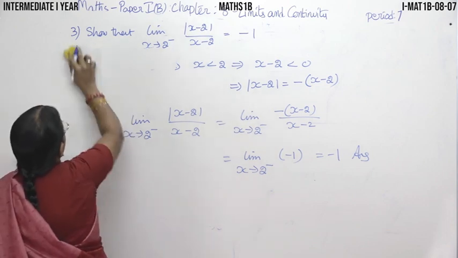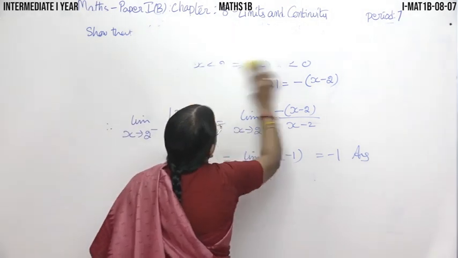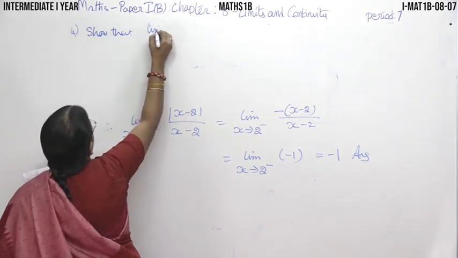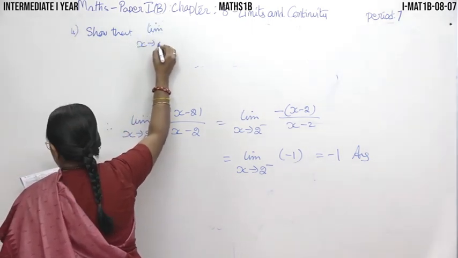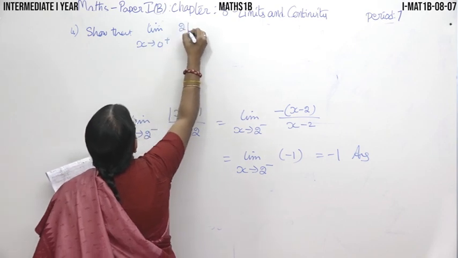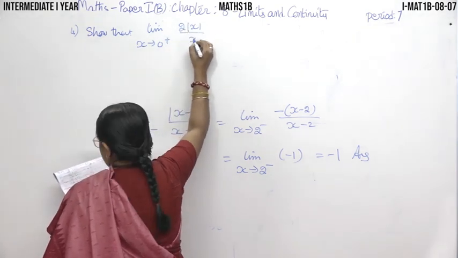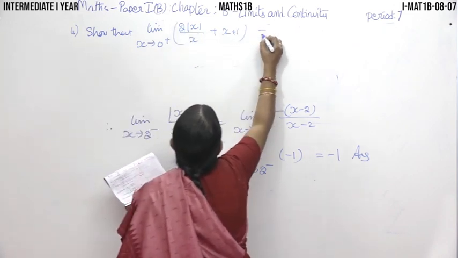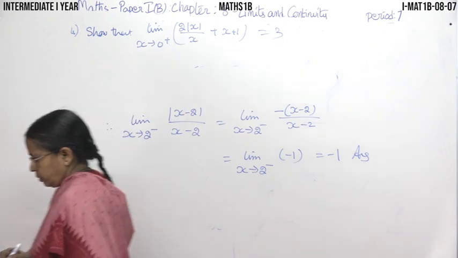Fourth problem. Show that limit x tending to 0 plus of 2 into mod x by x plus 1 is equal to 3. That is the problem.